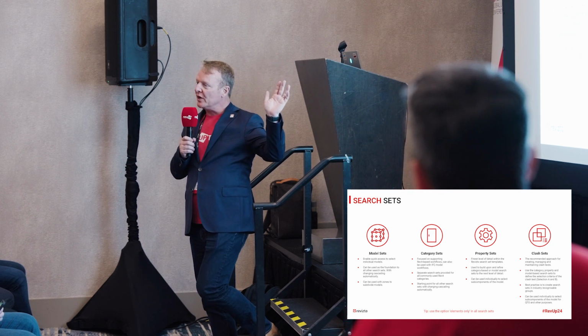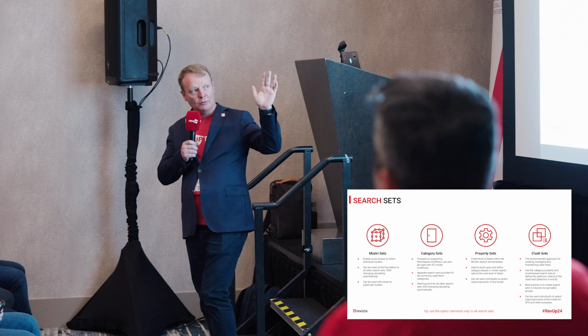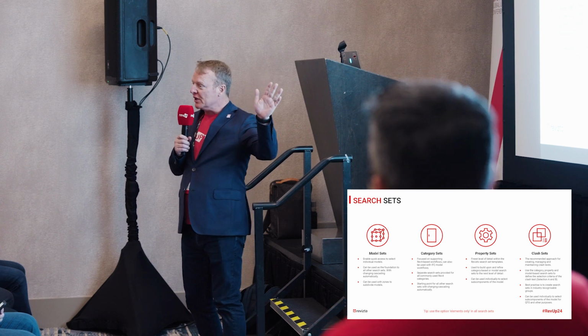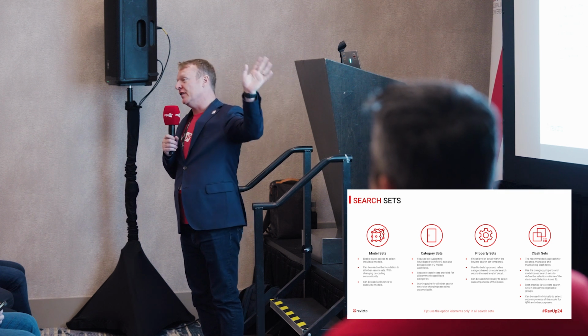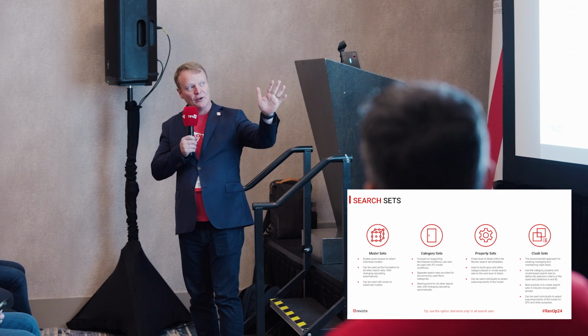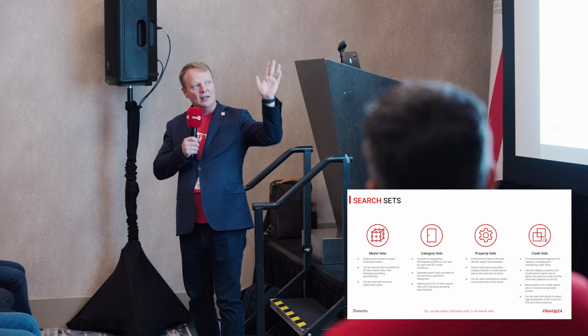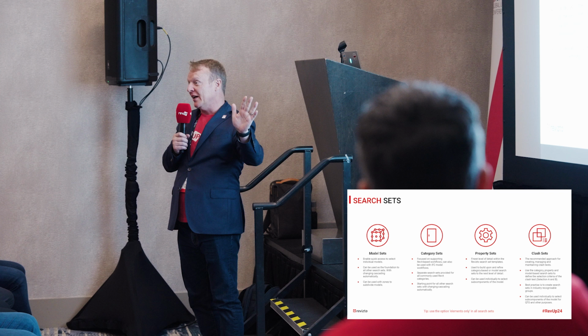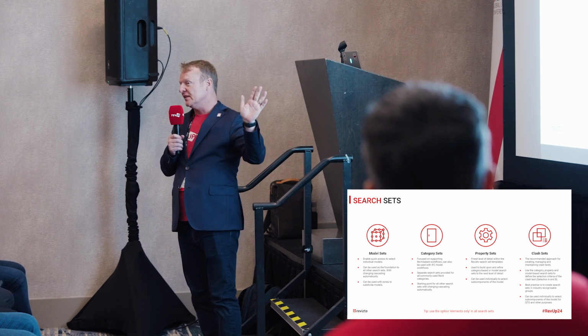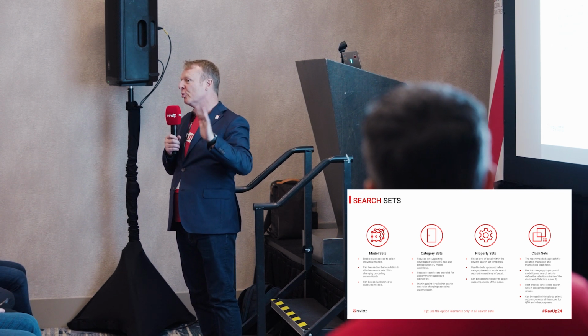So when you come around to changing your object property search sets for the next project, all you have to do is change the search sets for the model names and everything else updates. So your category search sets update automatically, your property search sets update automatically, and then your clash tests update automatically. And it makes it very easy to then scale Revizto across multiple projects.